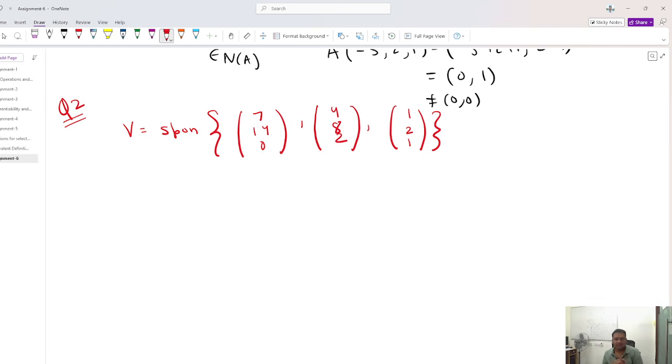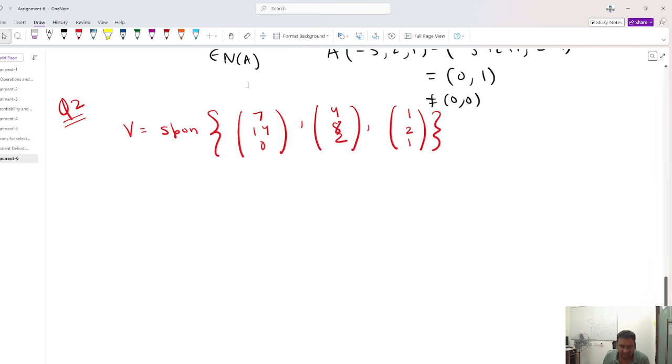Okay, guys. Now, what you have to do is find a basis for this. It will be a basis if, for example, all these three vectors become linearly independent, right? Or, for example, one of them becomes linearly independent or two of them become linearly independent.